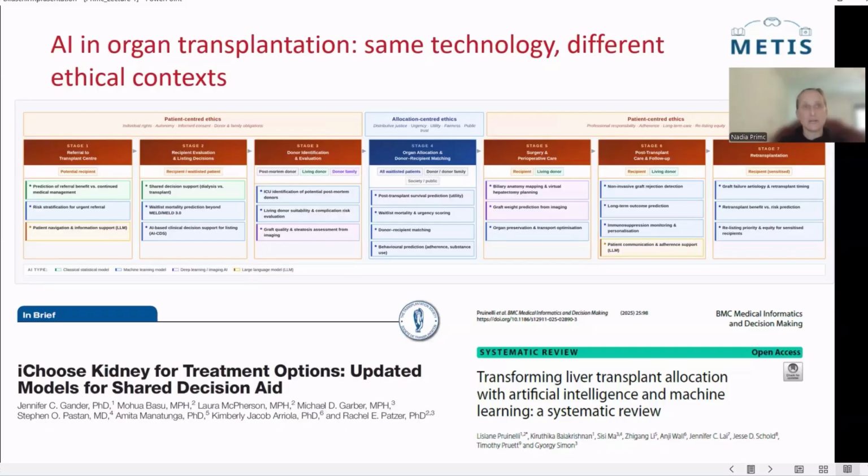And the tool then generates personalized 1- and 3-year mortality estimates for each treatment path, dialysis and transplantation, in language accessible to patients. So this tool sits at the listing stage, stage 2 of the transplantation process.